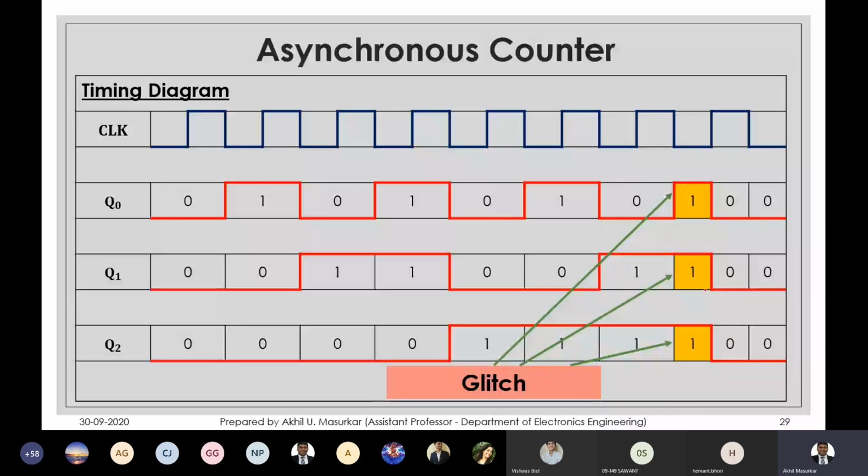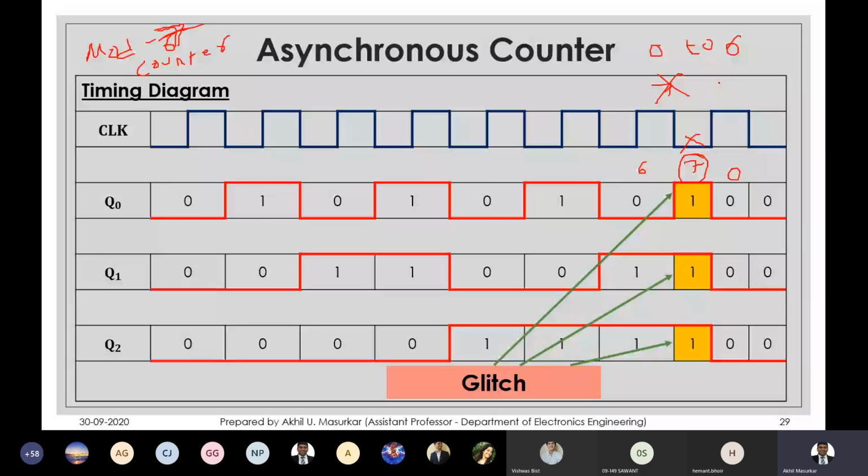So for some time it enters 7. Actually this is 6 and this is 0. This 7 is not desired because for a mod 7 counter, it should count from 0 to 6. 7 is invalid, and then again it should start counting from 0.